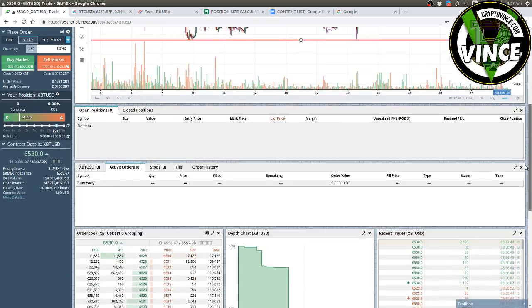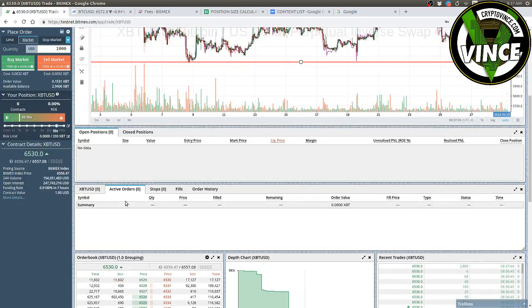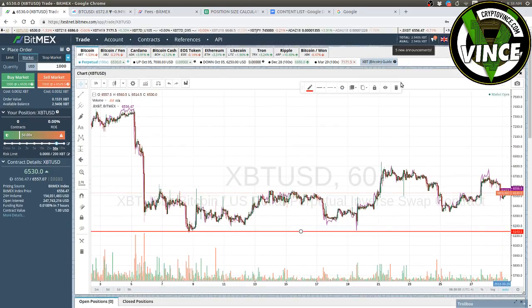Other tools to explain: this is the box where we set up our stop losses and the active orders, the orders that have not been triggered yet. BitMEX differs from other exchanges like Binance or Bittrex.